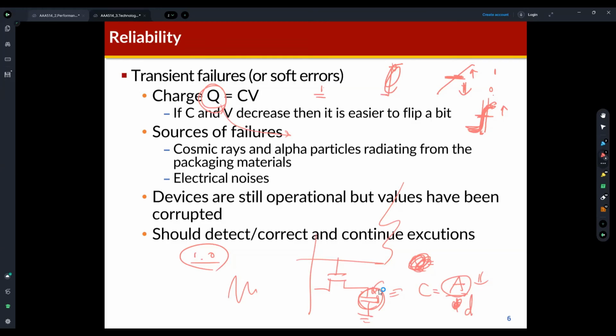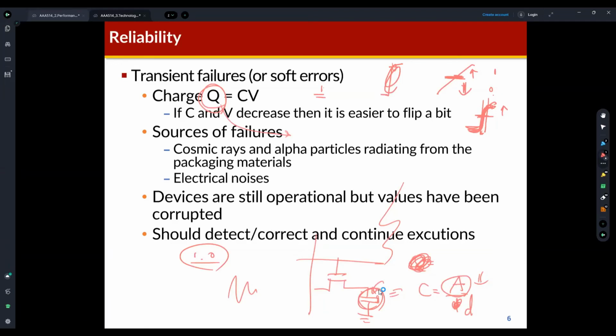And it's very critical with modern semiconductor technology, because, as I mentioned, if the size of a transistor becomes smaller, then the electric charges stored in this CMOS transistor are also reduced, and then it can be more influenced by noise.